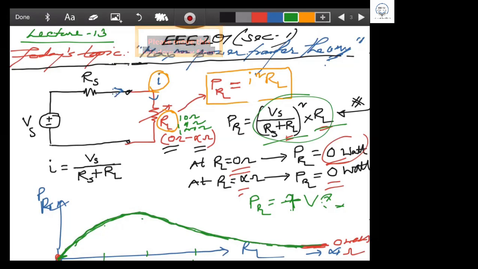The maximum power will be coming somewhere at the peak point. Do you understand it? Yes, sir. If yes, then tell me what should be the equation of this green line? Anybody?